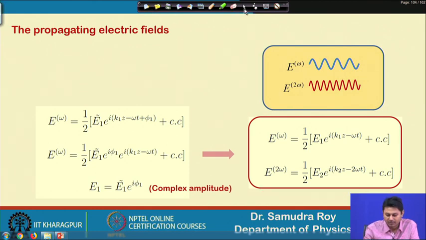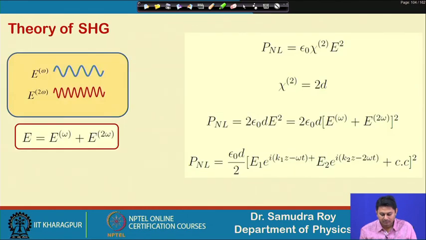So, I should go back to that slide where I am making the square term: E1 e to the power of kz minus omega t, E2 e to the power of kz minus omega 2, plus this, squared. P nonlinear is this.